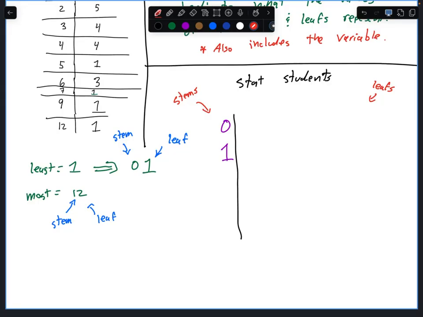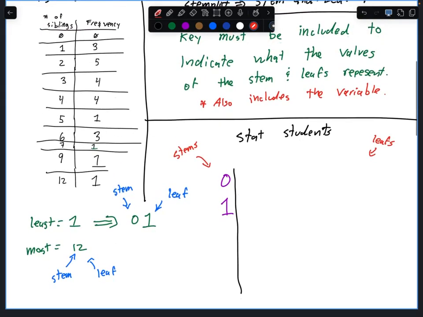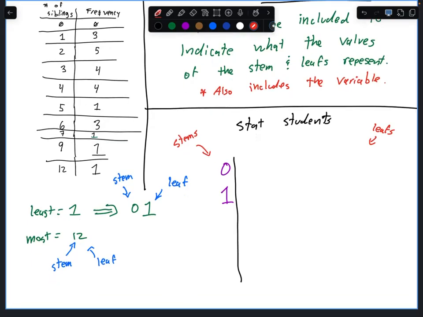So what is my first leaf? 1. And how many of those? 3. So I'm going to go 1, 2, 3, because there were 3 ones.